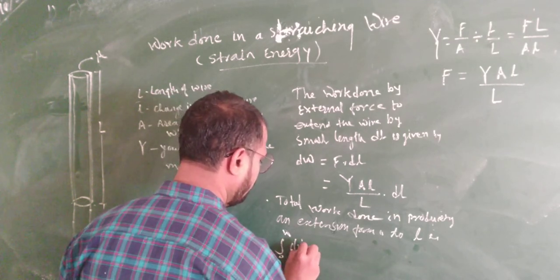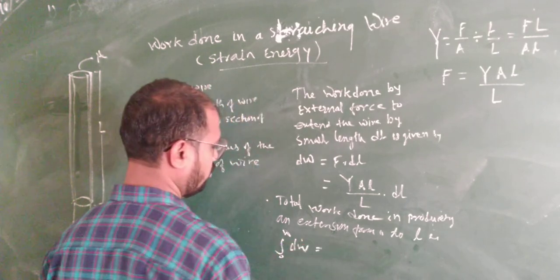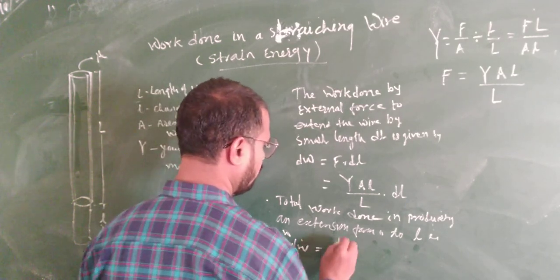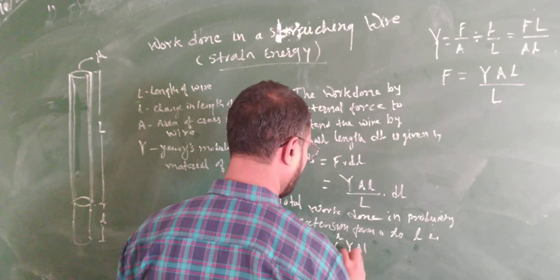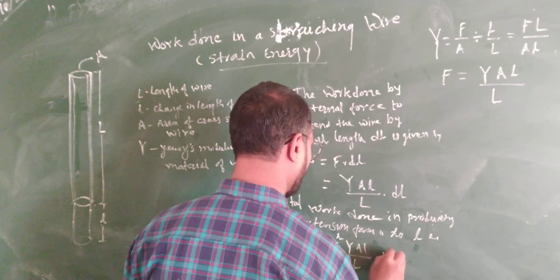Total work done, that is W. So dW is equal to the integration from 0 to L of Y A l upon L into dl.